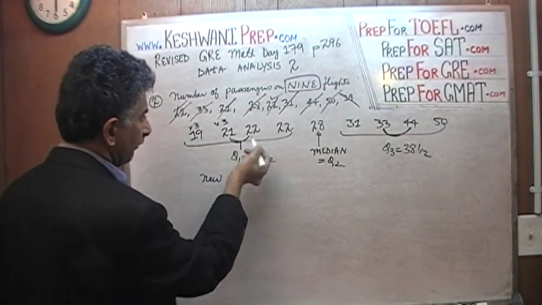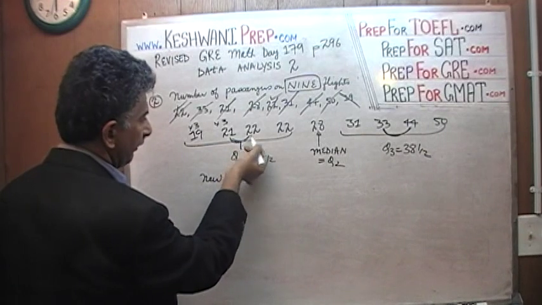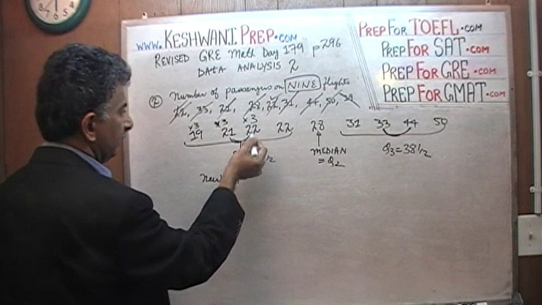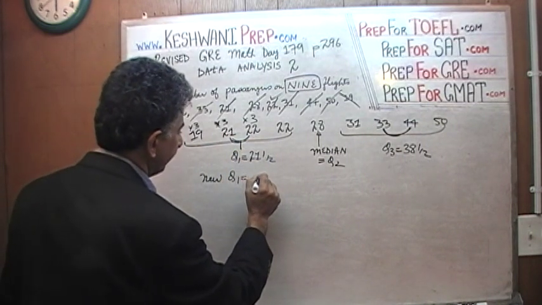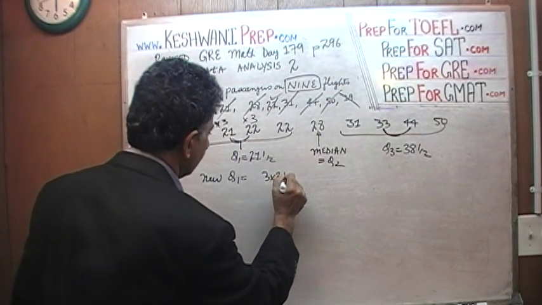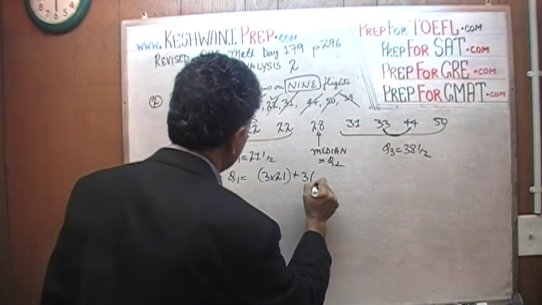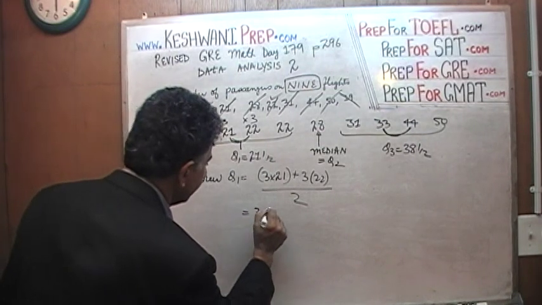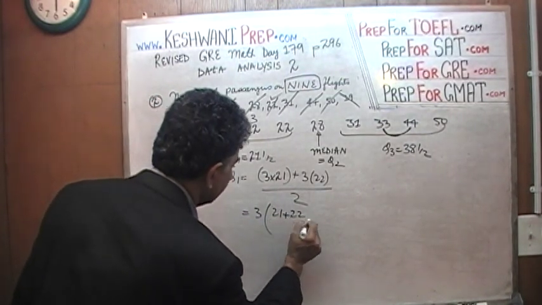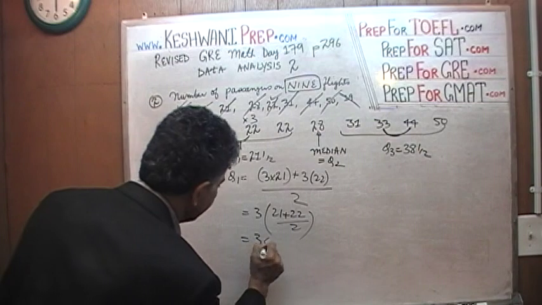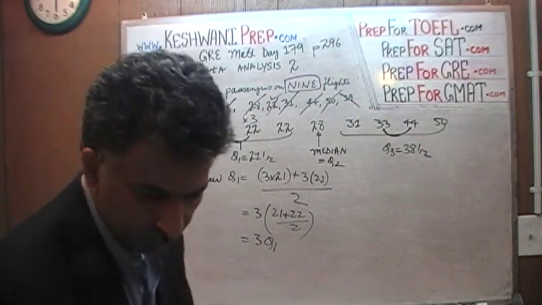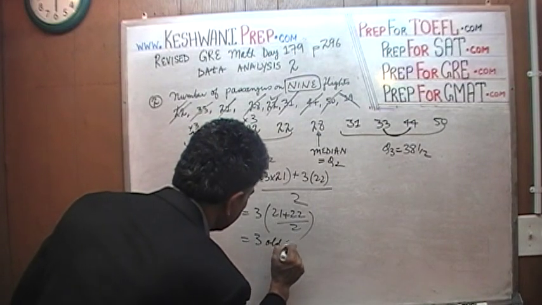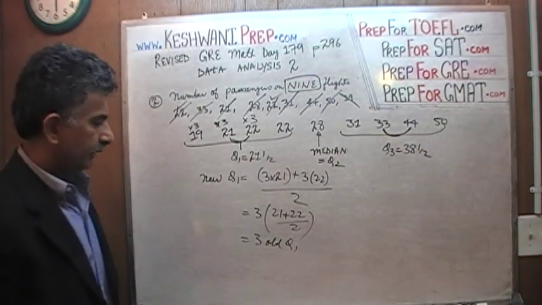The new first quartile is the average of 3 times 21 plus 3 times 22 divided by 2, which is same as 3 times 21 plus 22 over 2, which is same as 3 times the old first quartile. That's all.